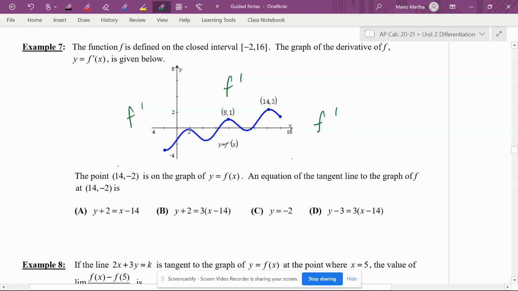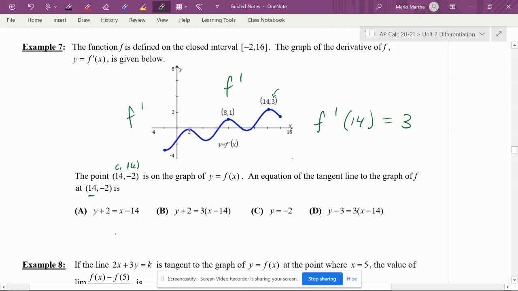So here, this is our c, f of c now. And then we're looking for the slope at 14. So let's look at 14, which is equal to positive 3. So we know that f prime at 14 equals positive 3. That's our slope of the tangent line, which in this case happens to be the y value of this graph.